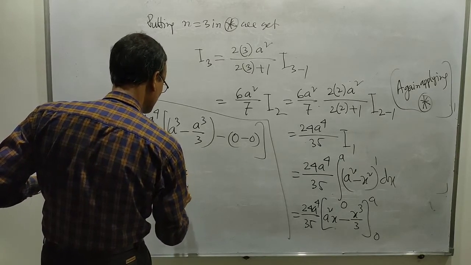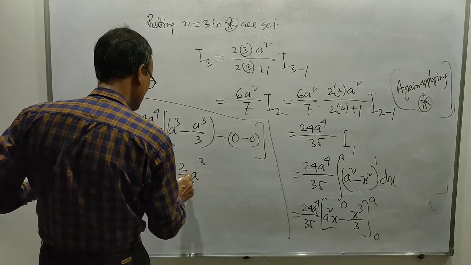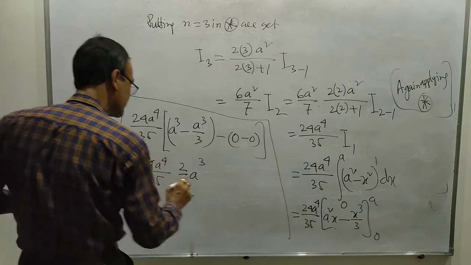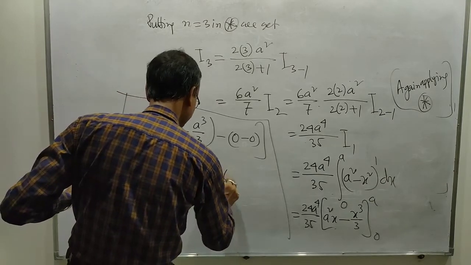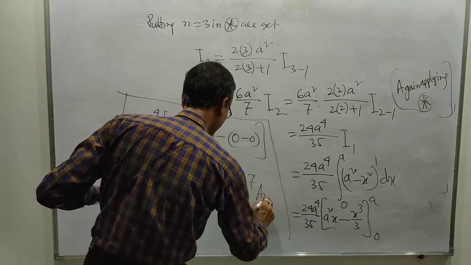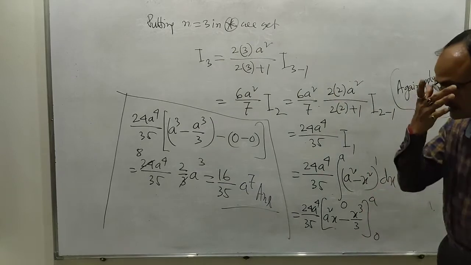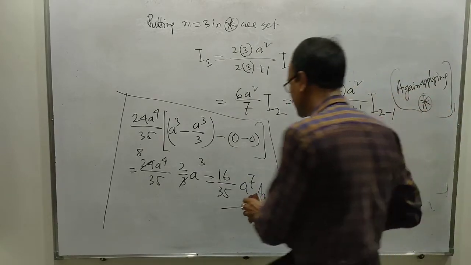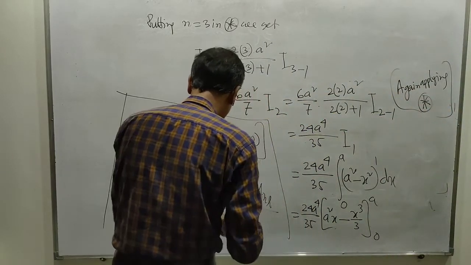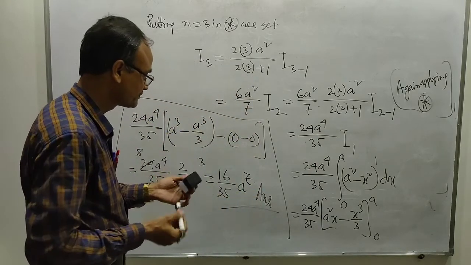You will get here 2 by 3 a cube. This is equal to 16 by 35 a to the power 7. The answer should be this: 16 by 35 a to the power 7.